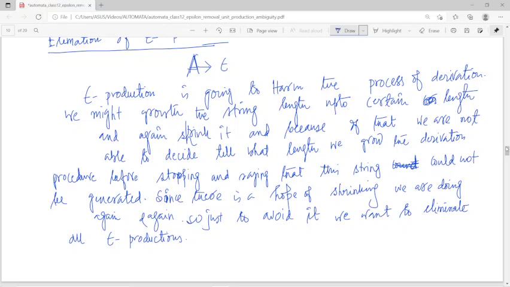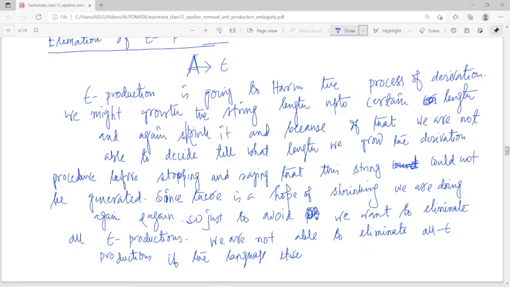But it is not always possible: we are not able to eliminate all epsilon productions if the language itself contains epsilon.